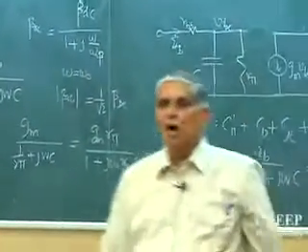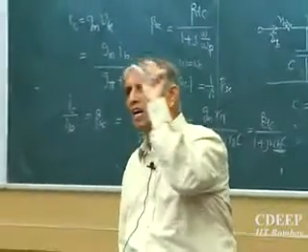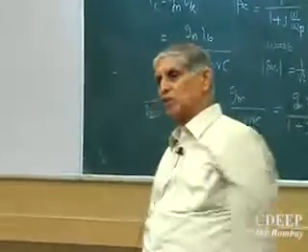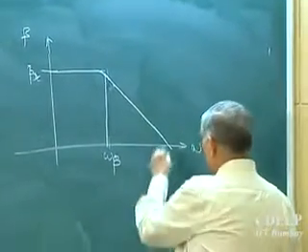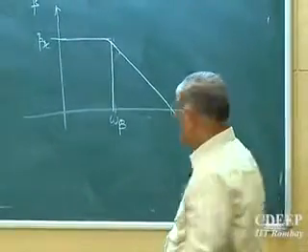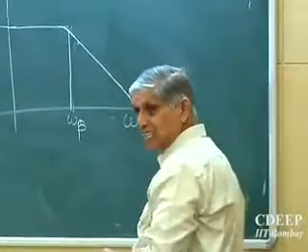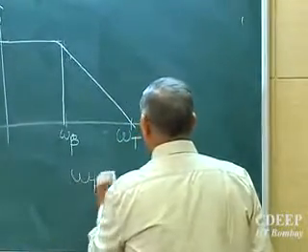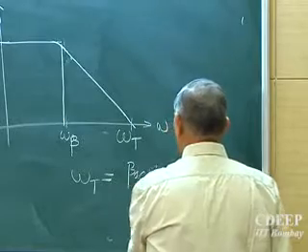This is the value up to which beta is constant. Omega beta is the frequency up to which beta is constant. Beyond which beta falls. Is that correct? And what is this value? And beta DC is 1. It's actually omega t, which you can prove, look at it, beta times omega beta.